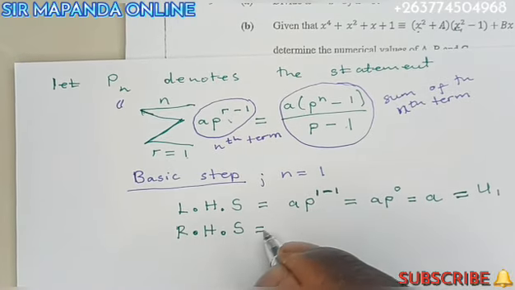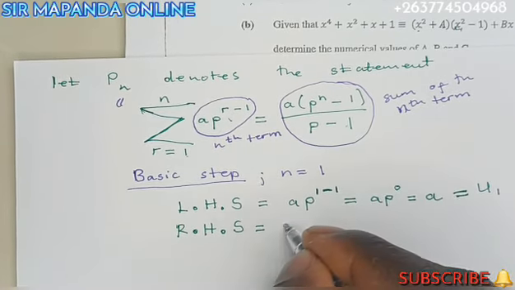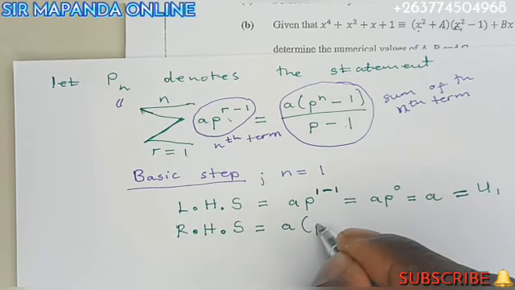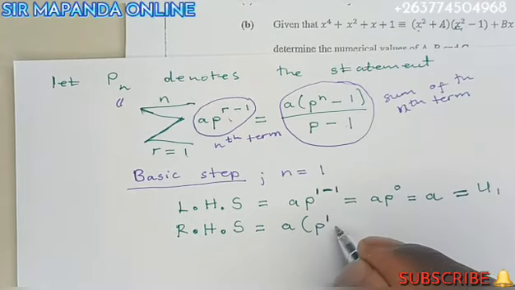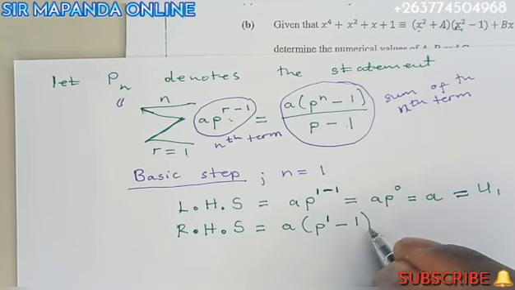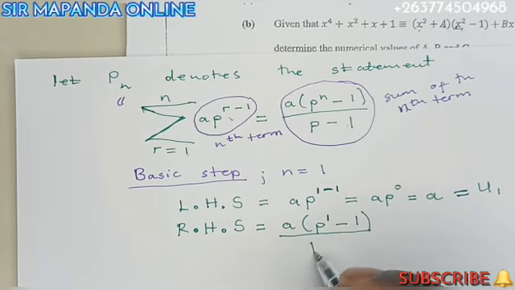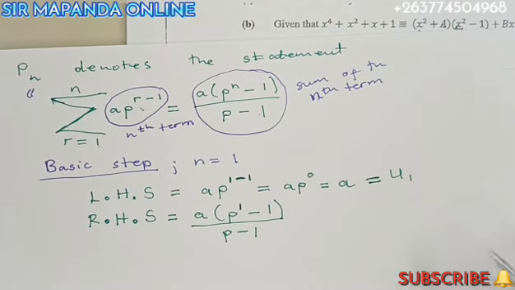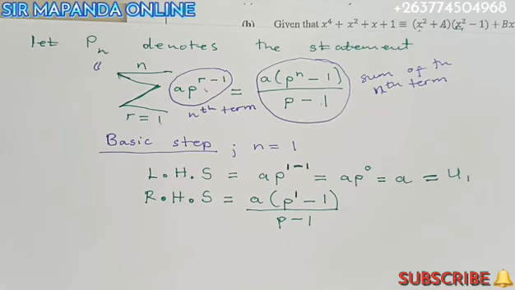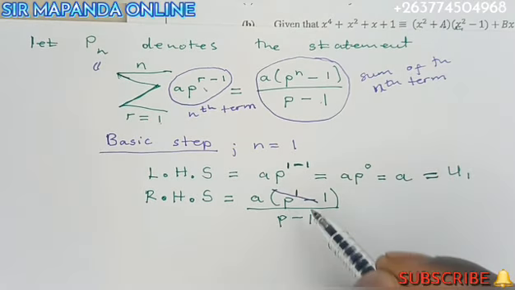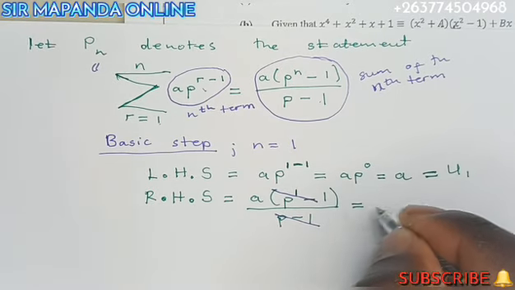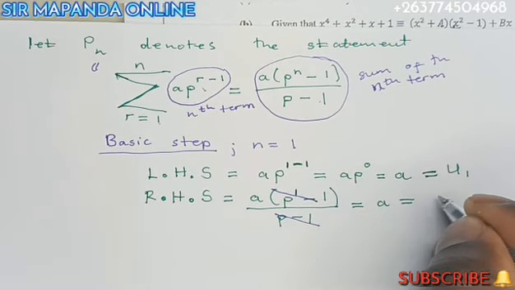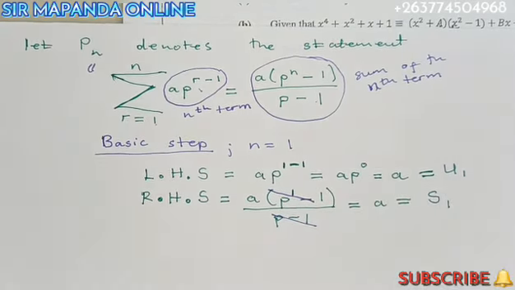Let us move on to the right-hand side. You are saying a, open bracket, p to the power of 1. You are putting 1 on n, minus 1, divided by p minus 1. Then p to the power of 1 is as good as p. So it means this bracket is going to cancel off with the denominator, leaving you with a, which is more of the sum of the first term.